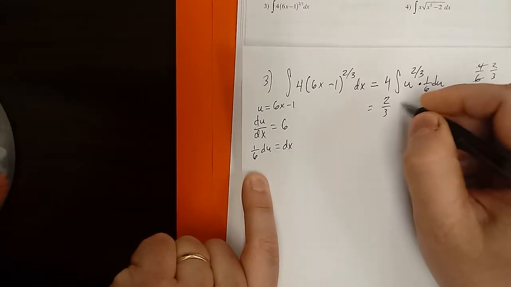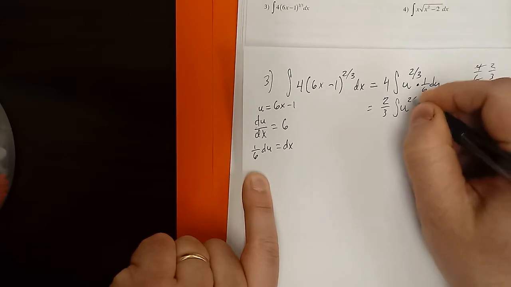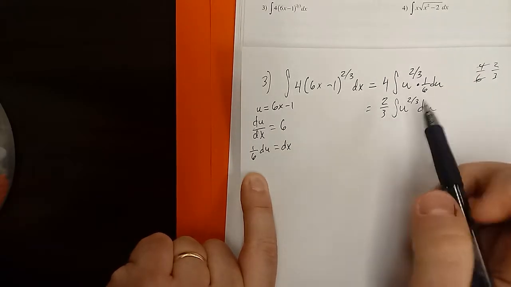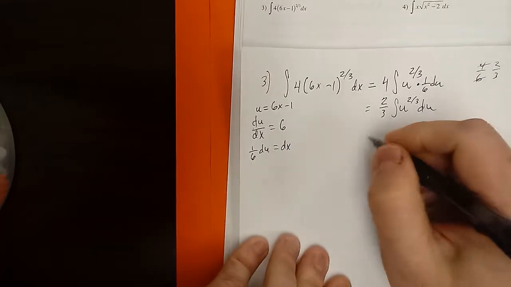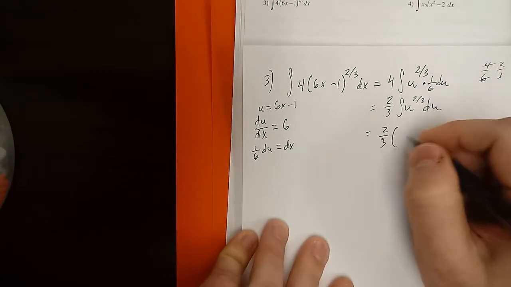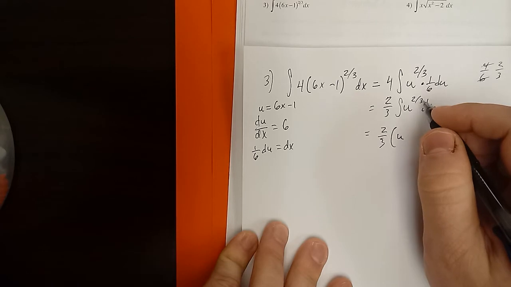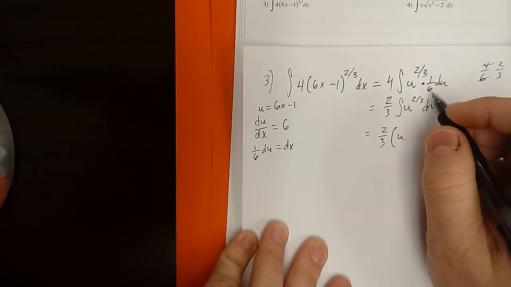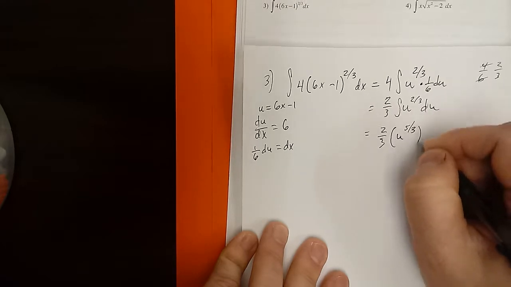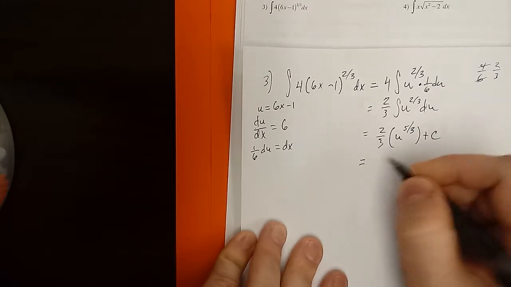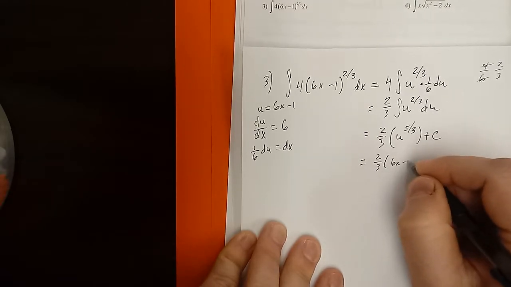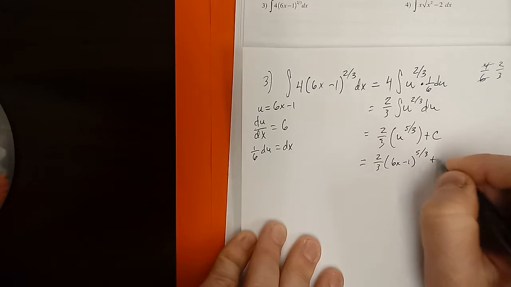So 2/3 times the integral u to the 2/3 du. So this is a more reasonable setup for something like this. Now we'll leave the 2/3 there. We'll add the 1 to that. So it'll be u to the, that's 3 over 3 to 5/3 plus c. So final answer, 2/3, and then 6x minus 1 to the 5/3 plus c.